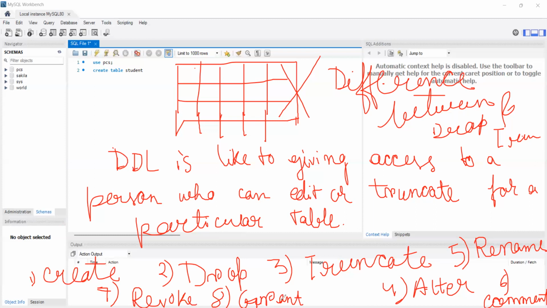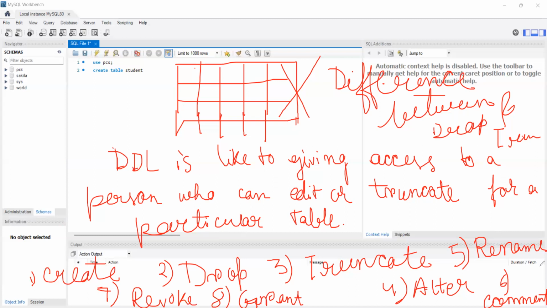Audit and analyze, please check, because I may be wrong there. There are updates happening in SQL.